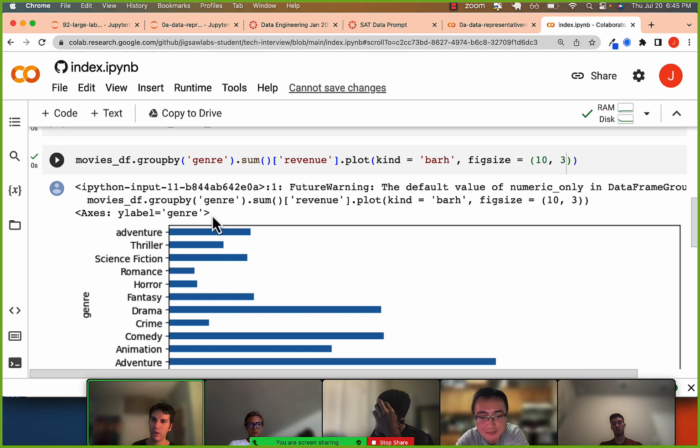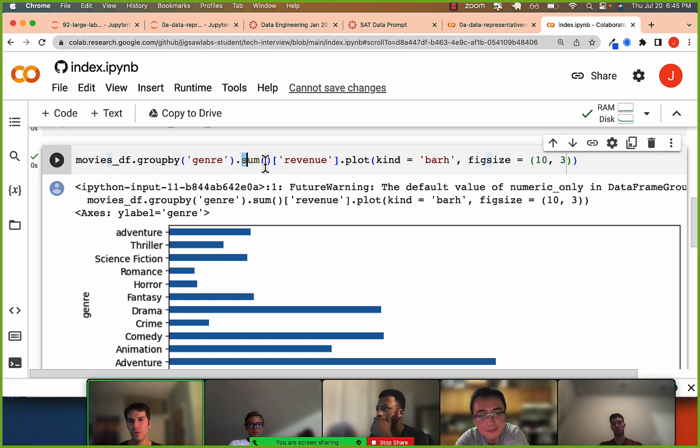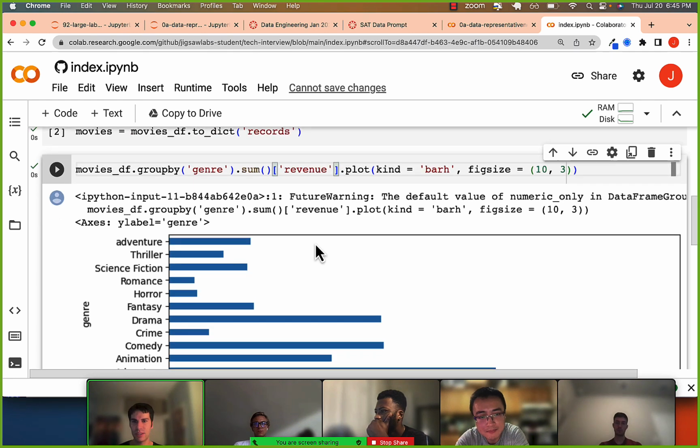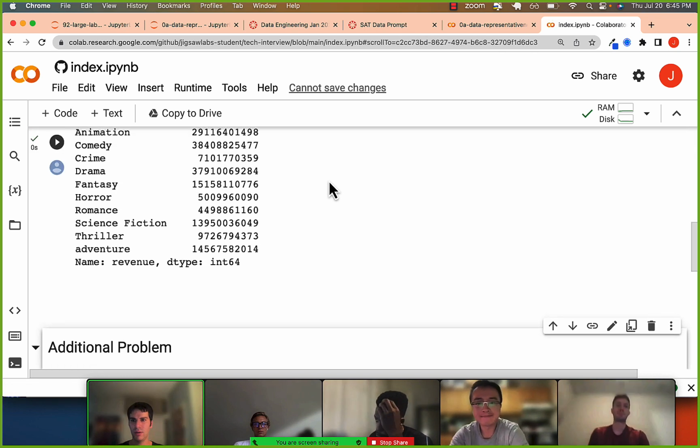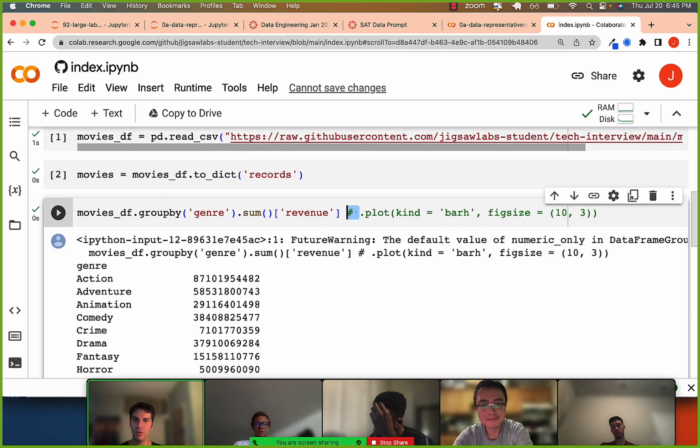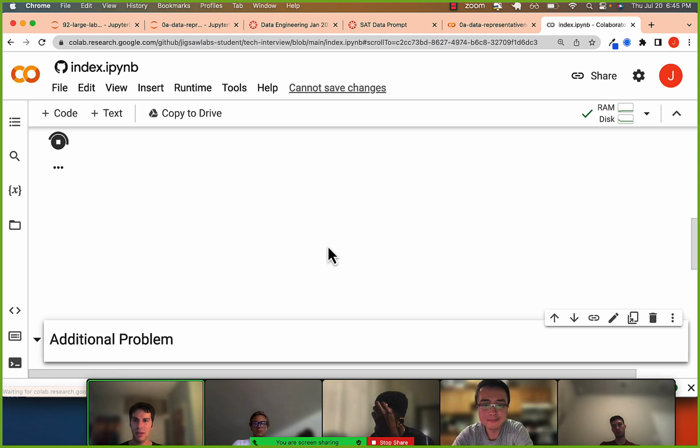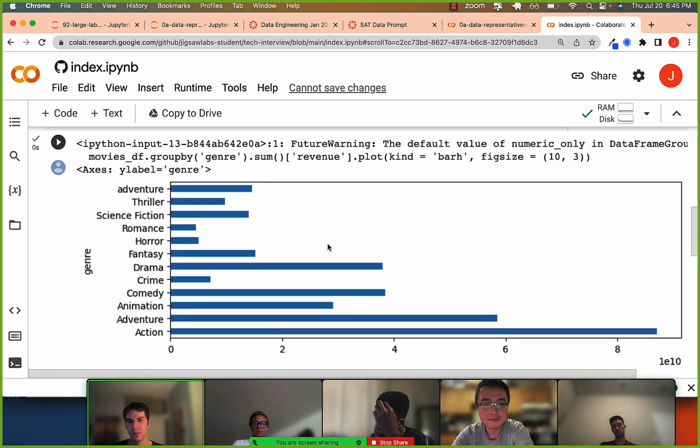So now, we can quickly group our values, add up the revenue, do the sum, and it returns to us a data frame. So select only the revenue column from there. That will give us a series that has the categories and the amount of revenue, and then from there we'll plot that as a bar graph.